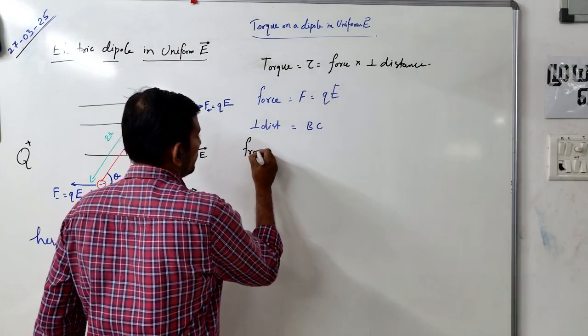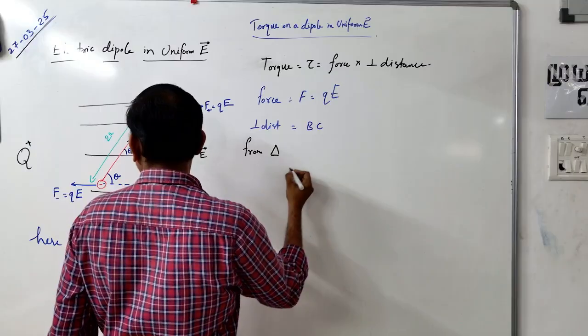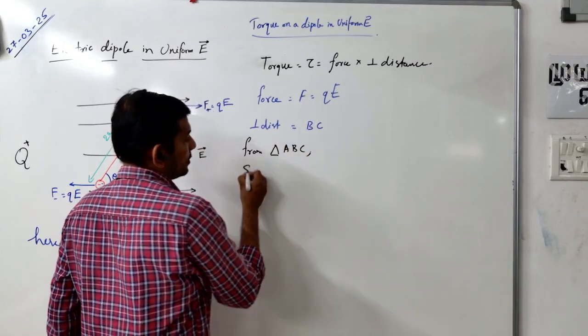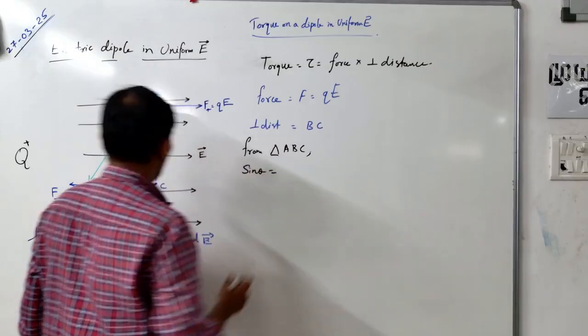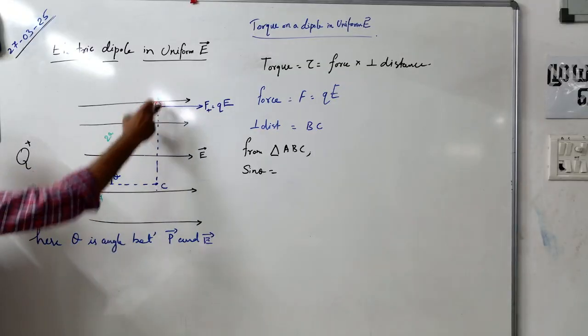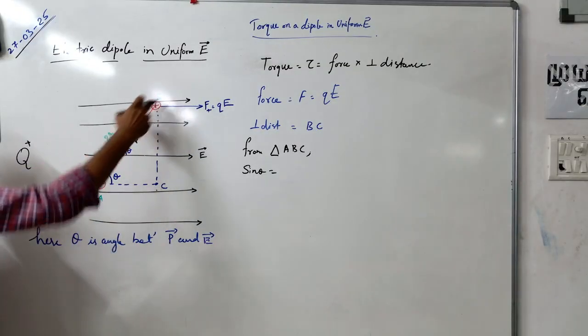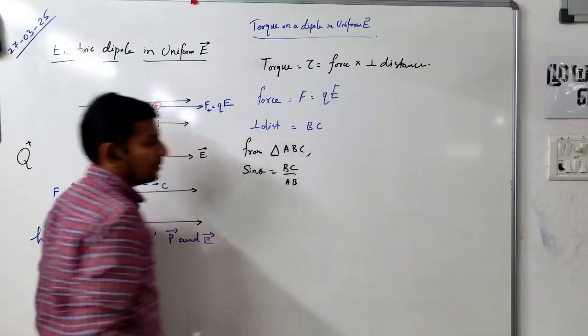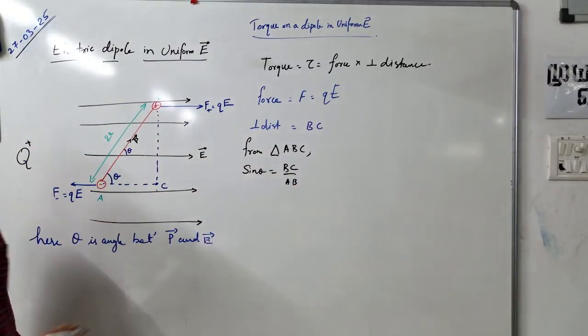From the triangle ABC, sin theta is equal to BC divided by AB.